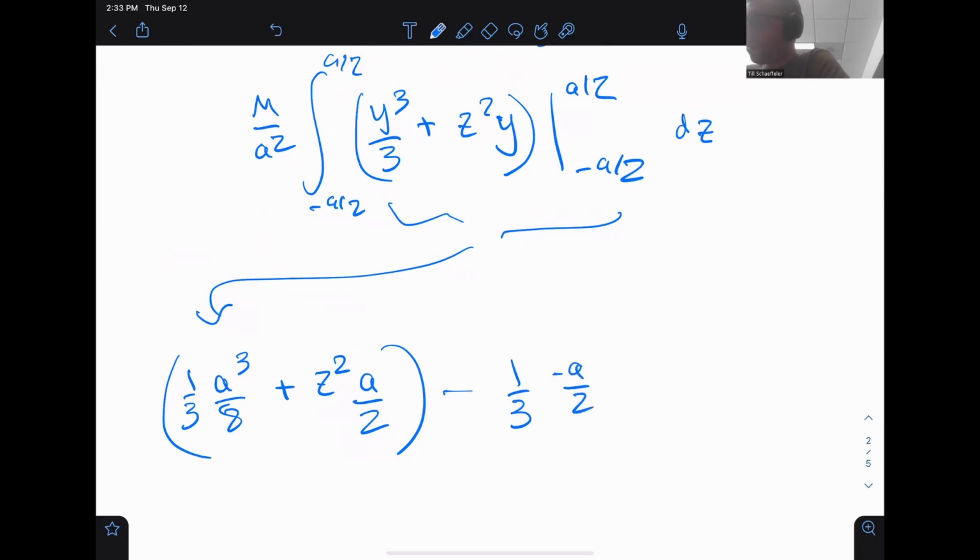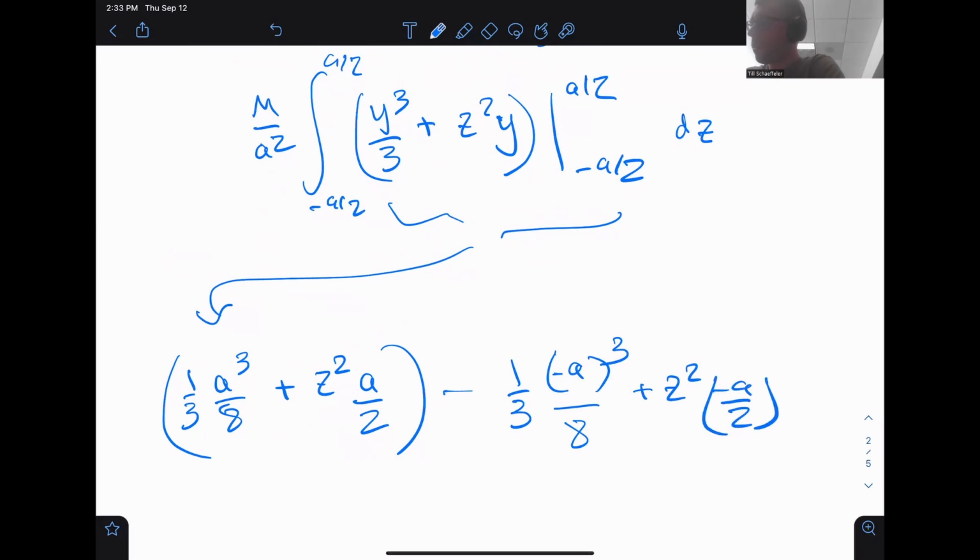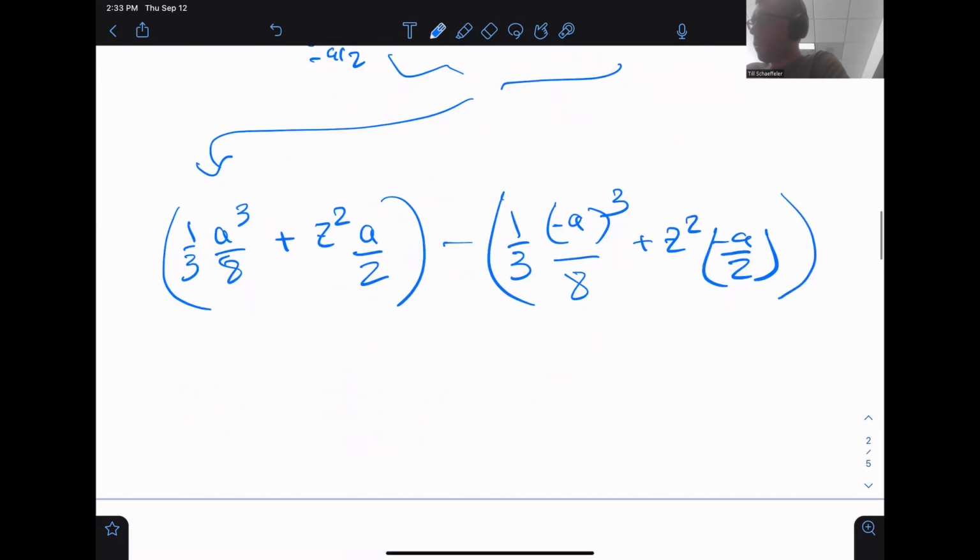negative a cubed over 8 plus z squared times negative a over 2. If you pull out the negative sign, it's just going to be the same thing twice.